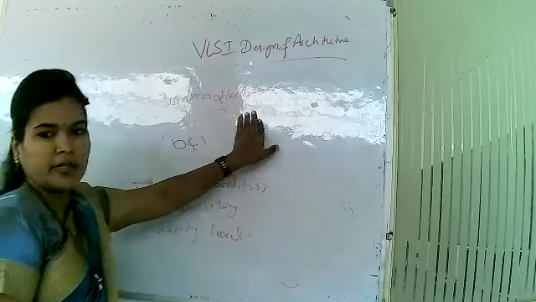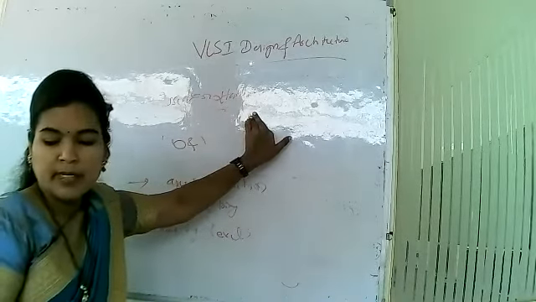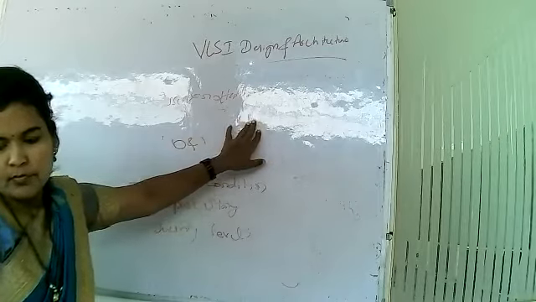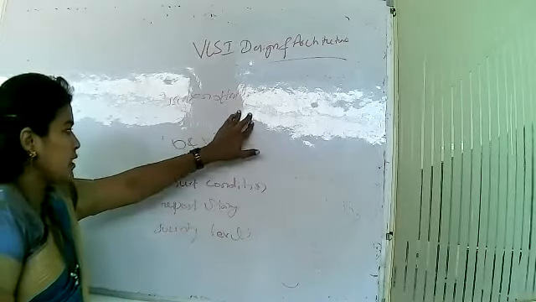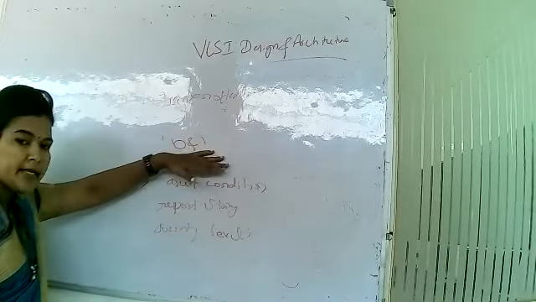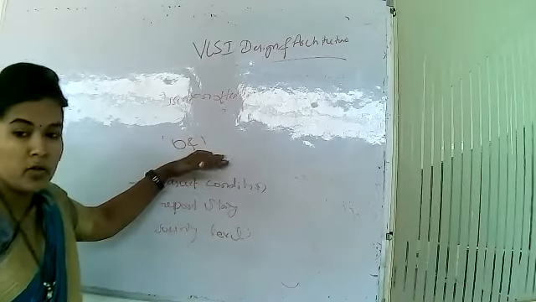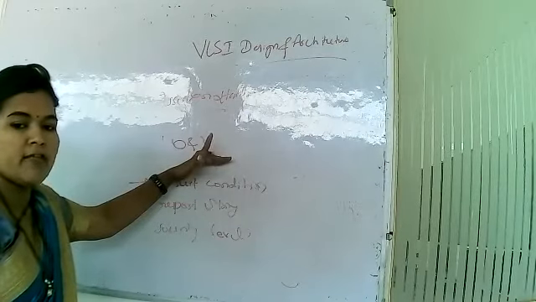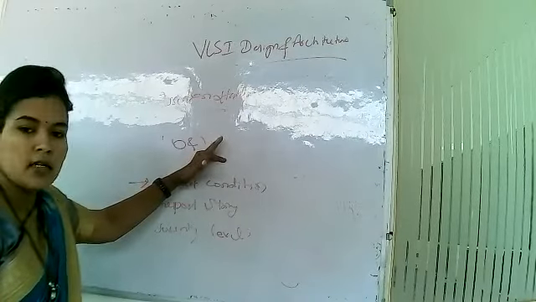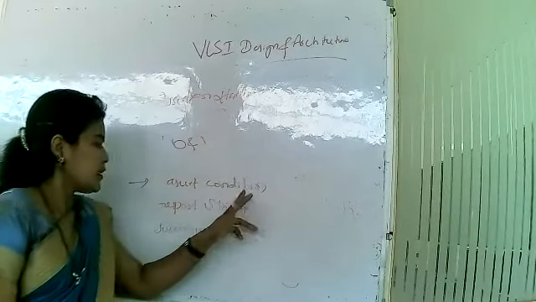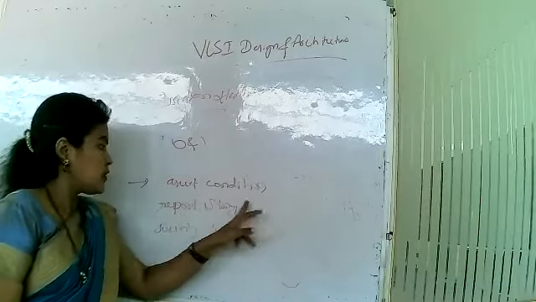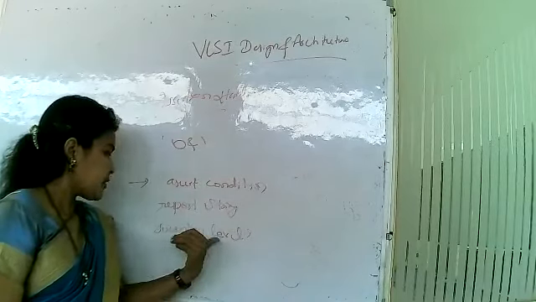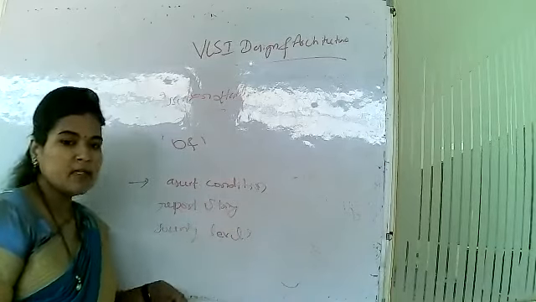What is the meaning of assertion statement? Here we are using the words binary values. It shows 0 and 1. The output should be 0 and 1. So assert condition, report the string, severity level.